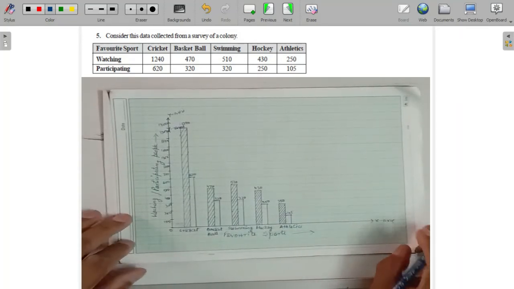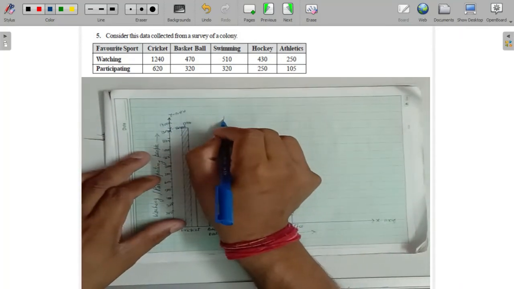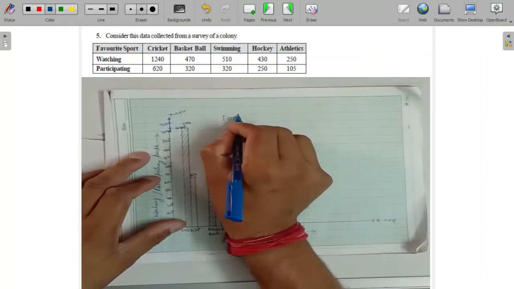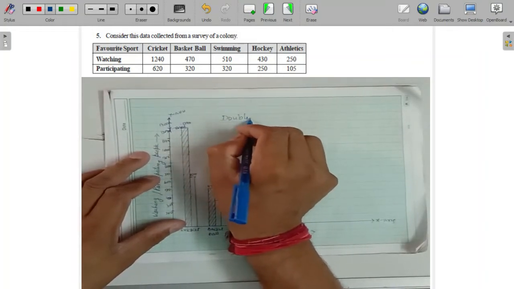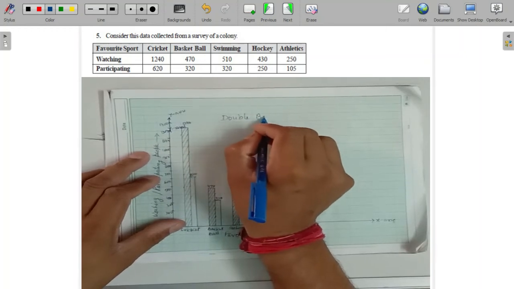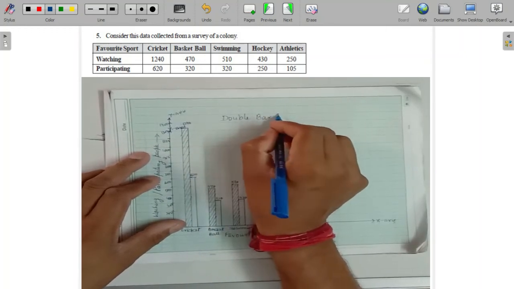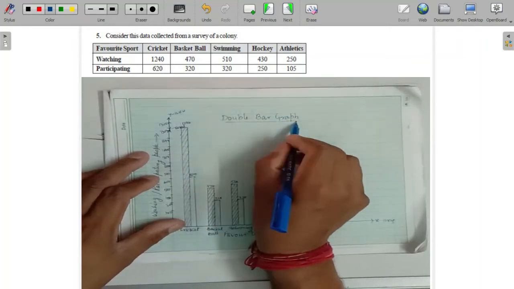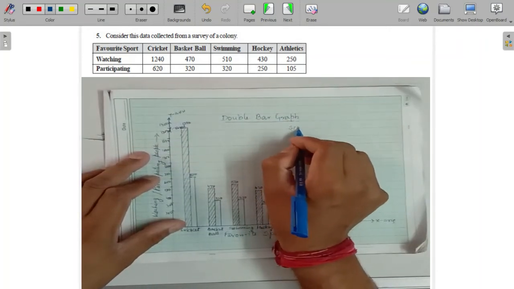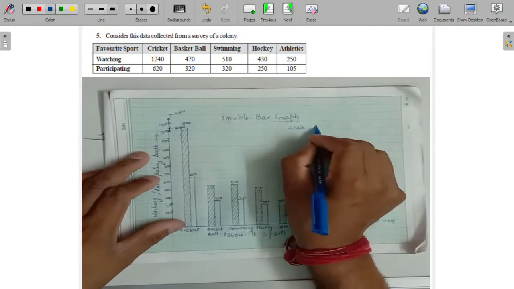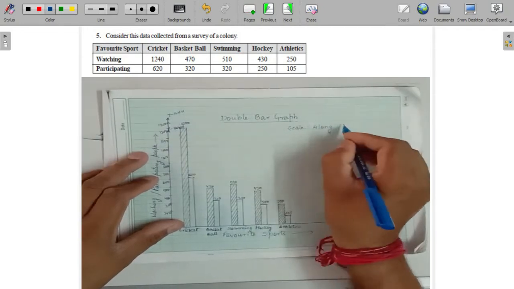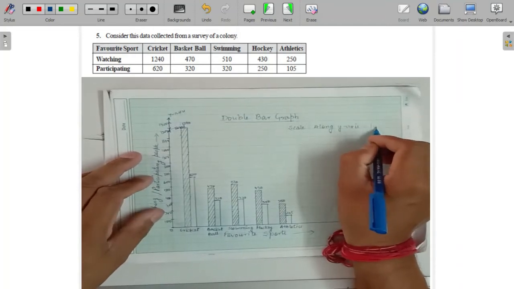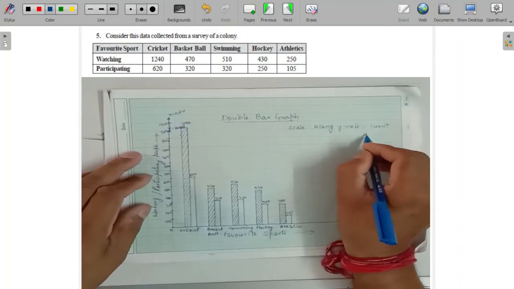So this is your double bar graph. So write down here double bar graph. Write down a scale. Scale along the y-axis. We have taken 1 unit equal to 100 people.